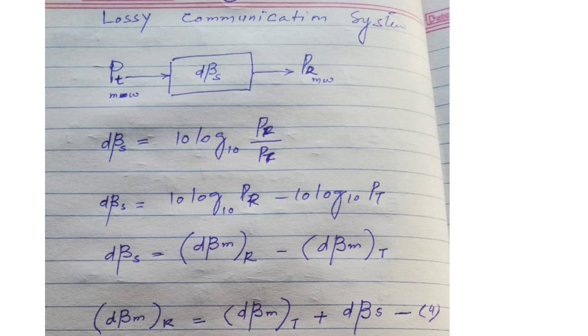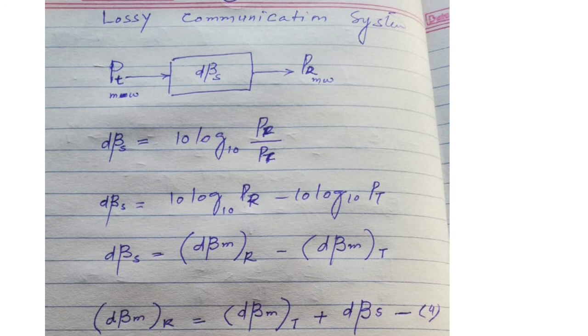The losses of the system are represented in dB. So the transmission efficiency of this system in decibel will be equal to 10 log of the output power divided by the input power, where the output power is PR and the input power is PT.